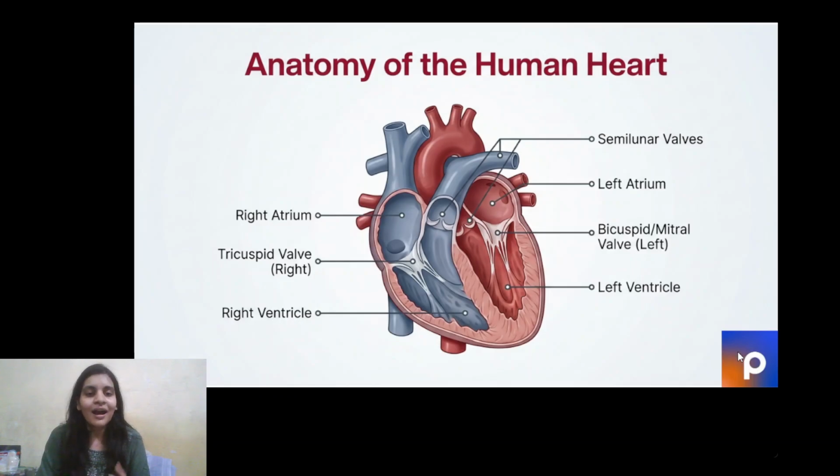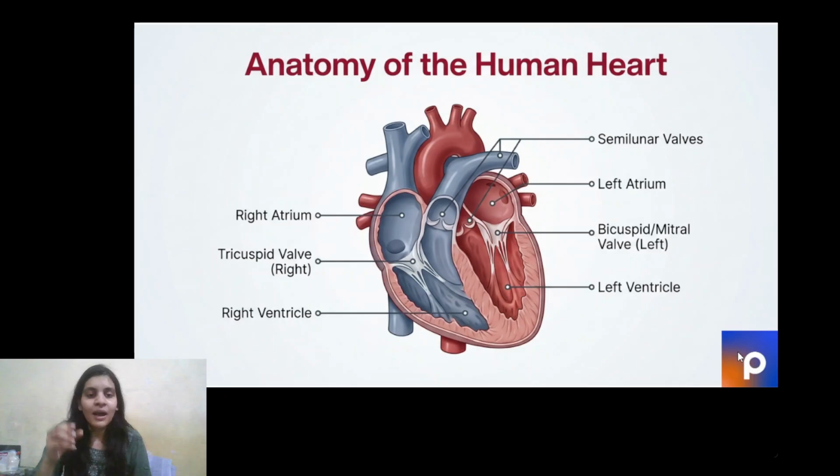So our heart, as we talked about, has four chambers: the left atrium, right atrium, left ventricle, right ventricle. The valve that connects your left atrium and left ventricle, allowing the blood flow, is called the bicuspid or the mitral valve. Bicuspid means two cuspids. On the right side, we have the right atrium and right ventricle, and connecting them is the tricuspid valve, that is three cuspids.